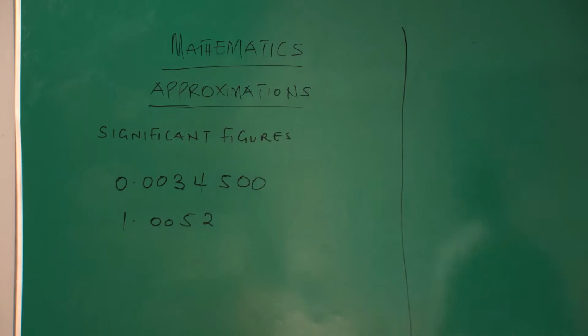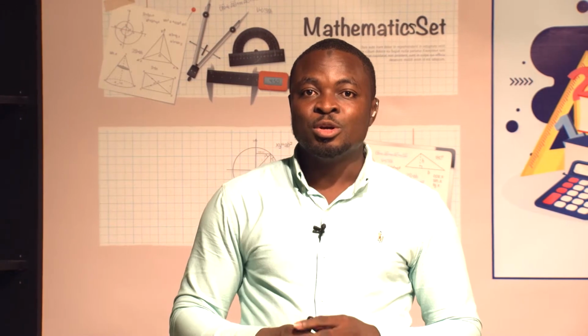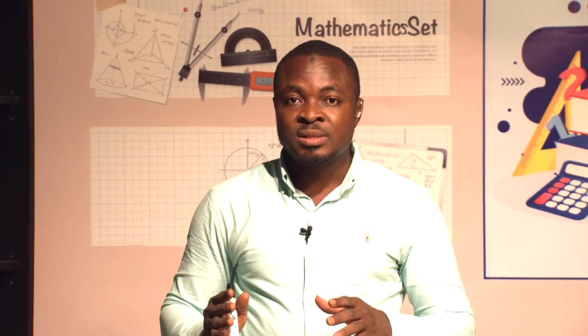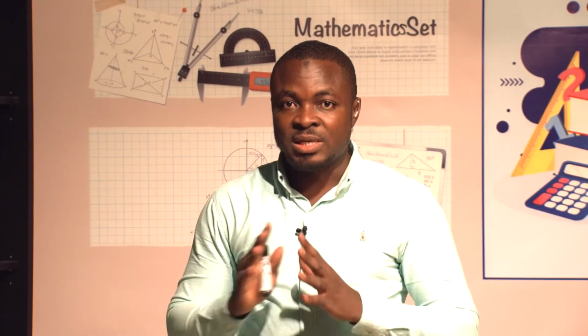Any questions? So viewers, as I've indicated, for you to identify what number is significant or not in a decimal fraction, you look at the arrangement. If there are trailing zeros after the decimal point, you consider all of them as significant.